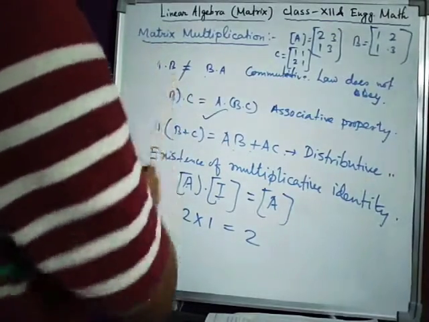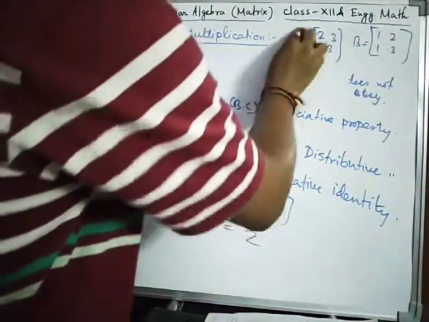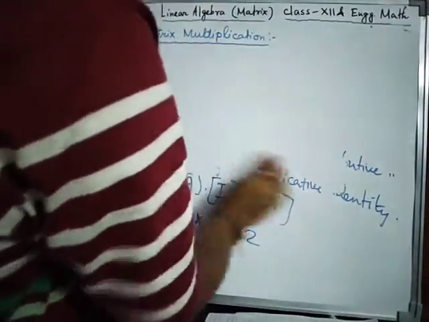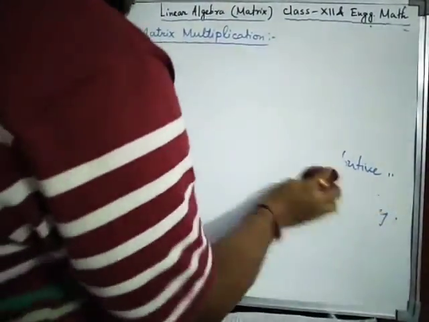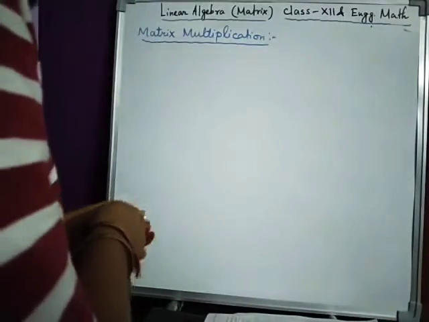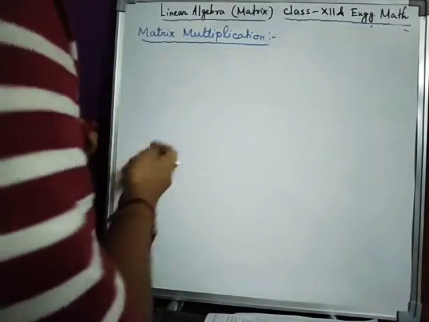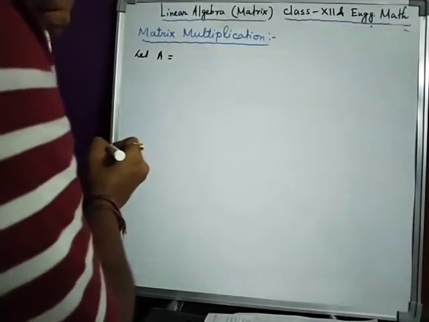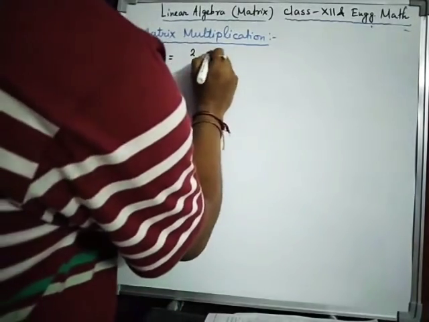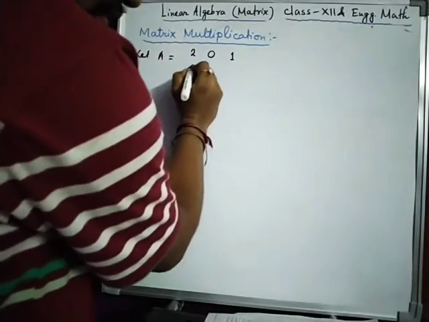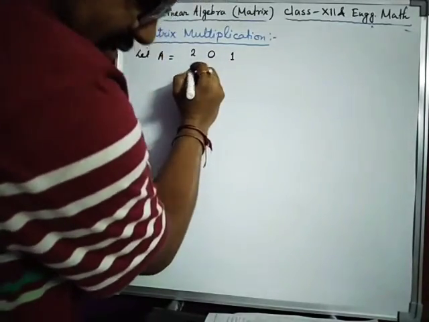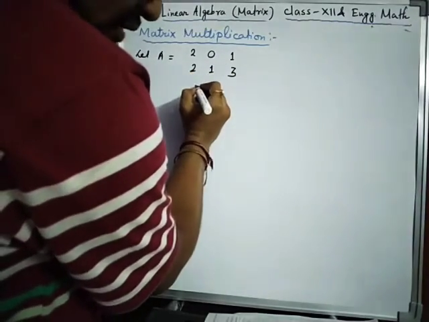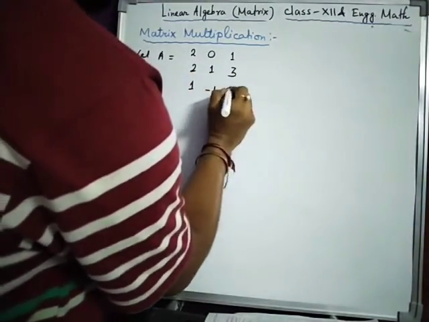Okay, how multiplication can be done. Now I am showing an example. I am giving a problem first of all. Suppose A is a matrix given as 2 0 1, 2 1 3, and 1 minus 1 0.